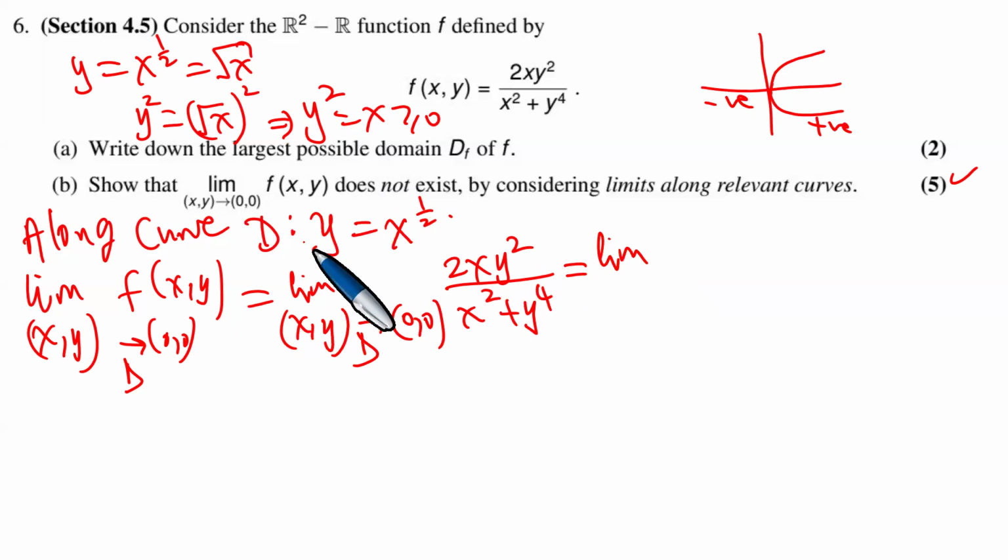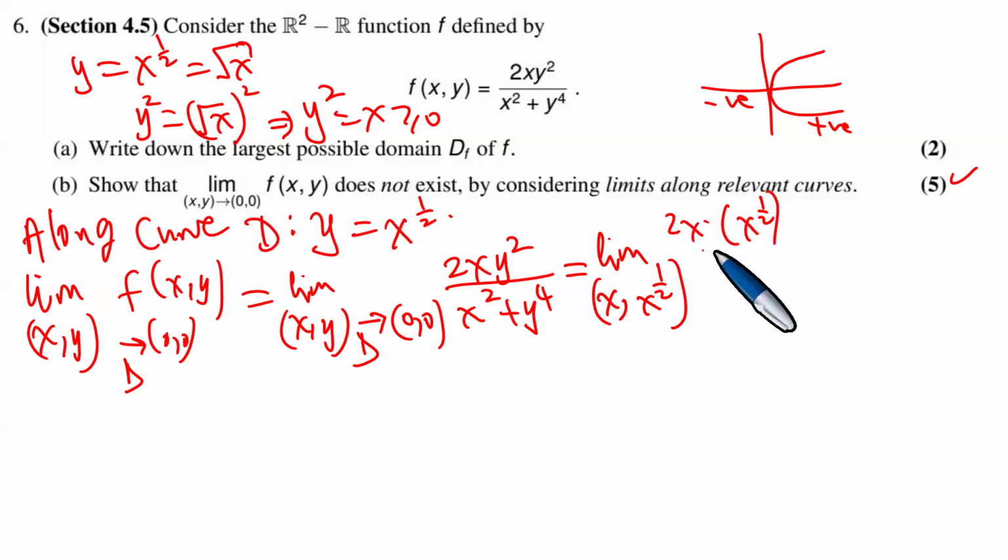Here we made y the subject, so wherever there is y, we put x to 1/2: 2x times x to 1/2, divided by x squared plus x to 1/2 squared.